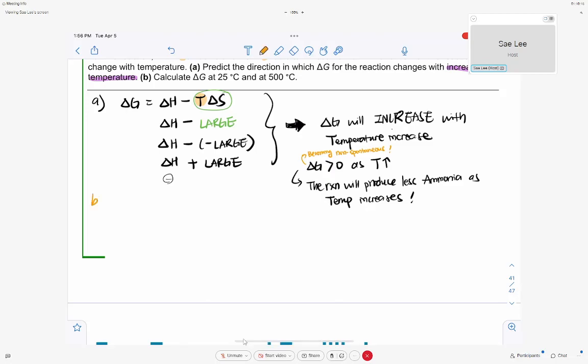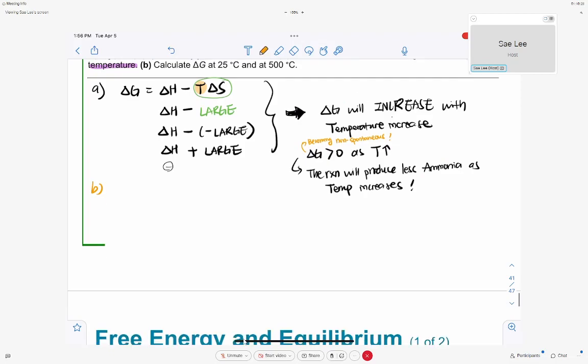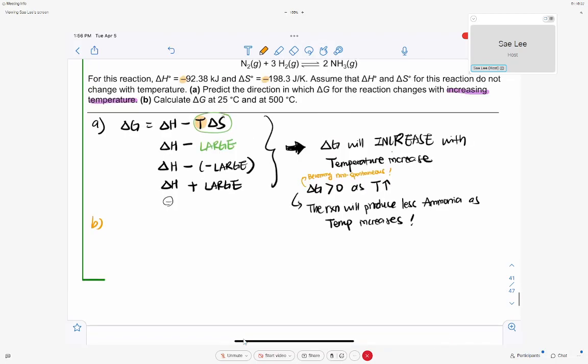Let's do some actual math to calculate the comparison between delta G of the reaction at low temperature versus high temperature. See if our prediction is right or not. So at 25 degrees Celsius, we need to have everything in Kelvin.